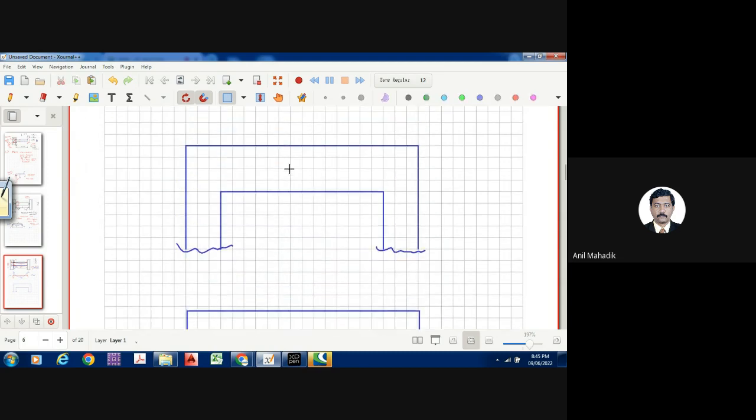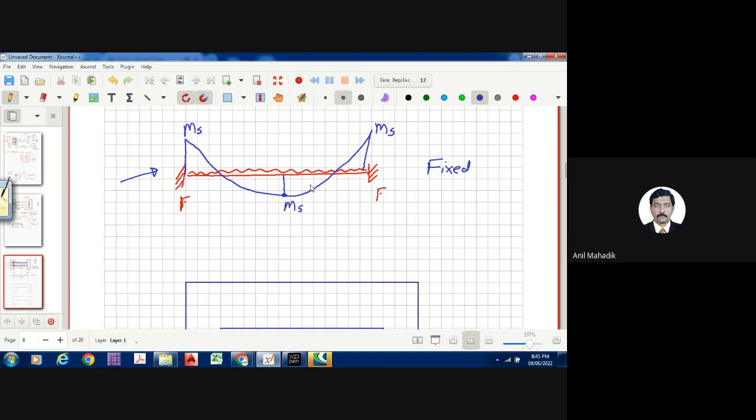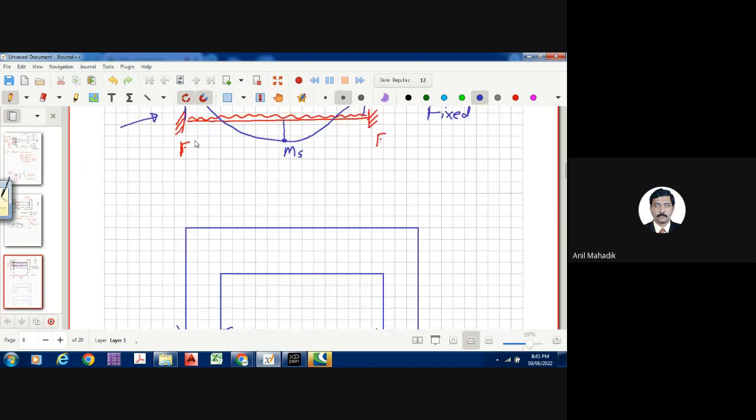Let's say this is your RCC beam and RCC columns. Now, how to make this fixed? So fixed means this moment. Okay. So there has to be moment to be resisted at the support. So you should make such arrangement which will resist the moment. भी बताओ कैसे करना है.